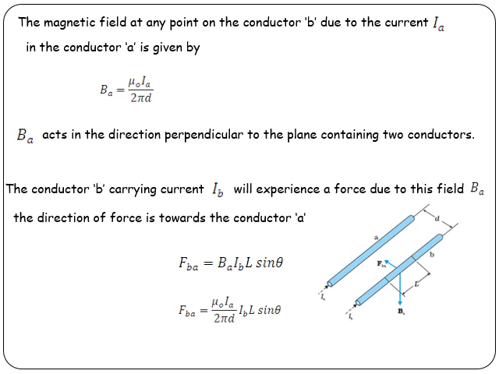We are using the formula BIL sin theta, where BA is the magnetic field due to current passing through A, IB is the current flowing through B, and L sin theta is part of the formula. We will just substitute BA in the equation. So FBA will become mu naught IA divided by 2 pi d into IB L sin theta.